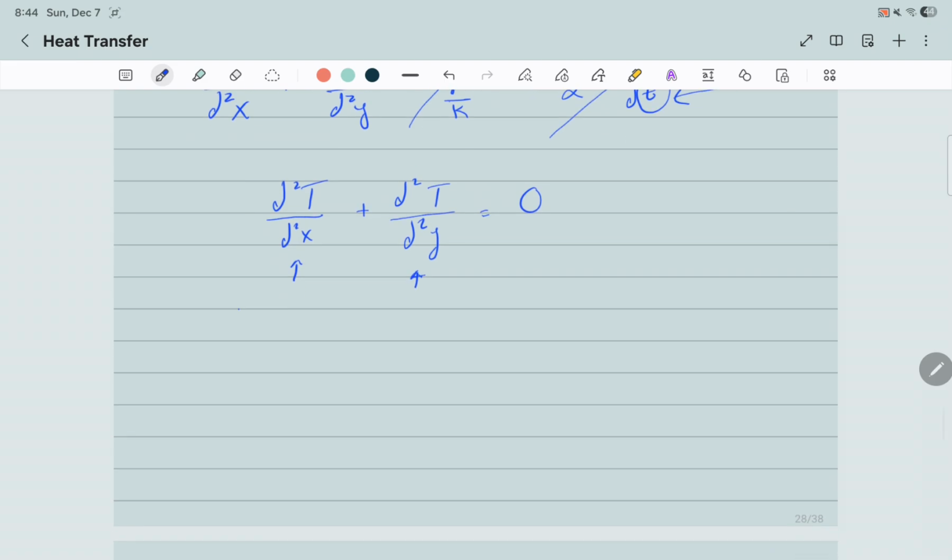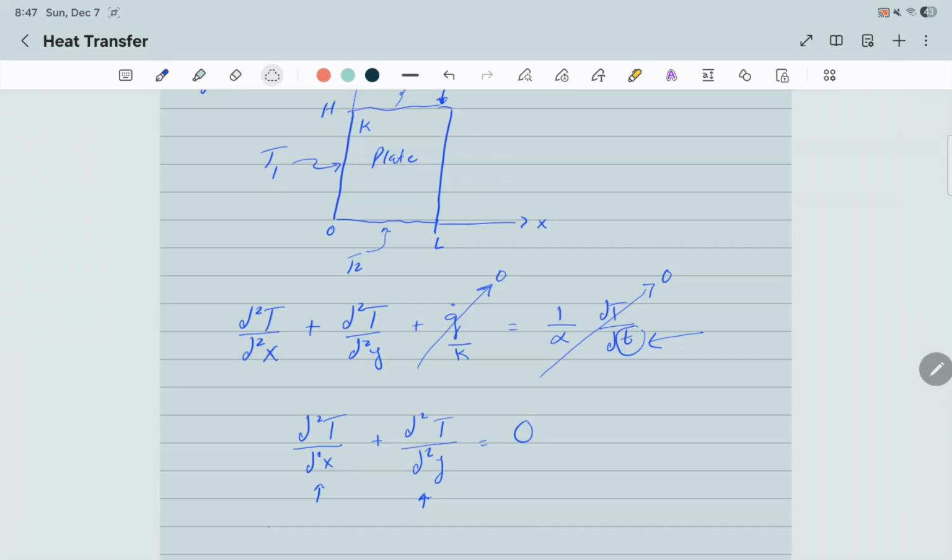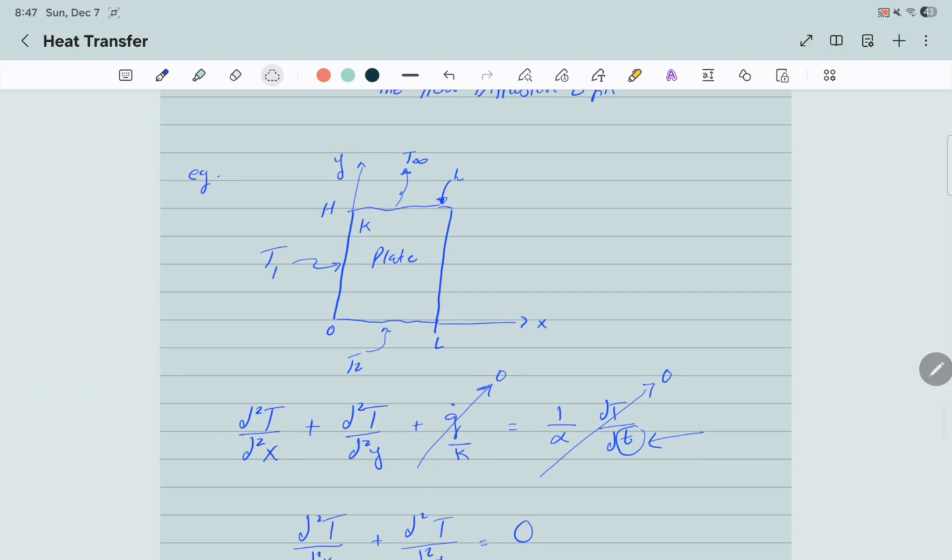Before we go any further, there's one thing that I forgot to add to the example: the right side of the plate is perfectly insulated, meaning that there's no heat flow or heat flux on the right side, which makes it adiabatic.